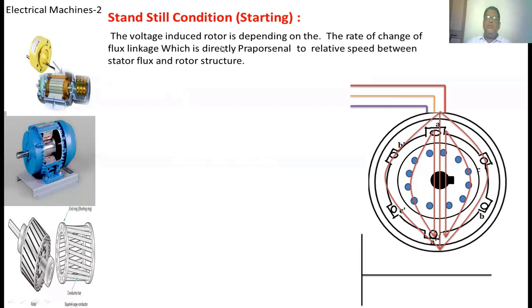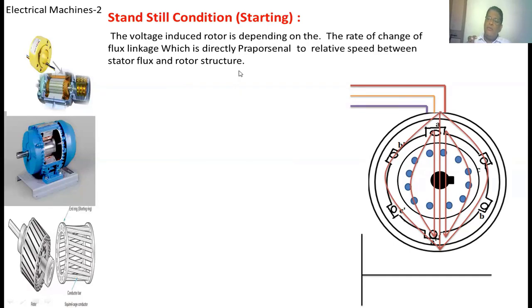The voltage induced in the rotor depends on the rate of change of flux linkage, which is directly proportional to the relative speed between the stator flux and the rotor. At the time of starting, the flux created by the stator is rotating in space, while the rotor is stationary. The relative speed between the stator flux and the rotor is Ns.